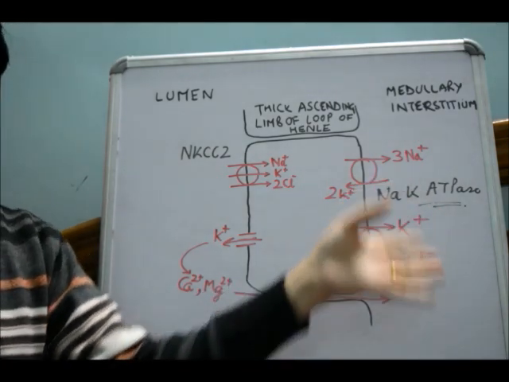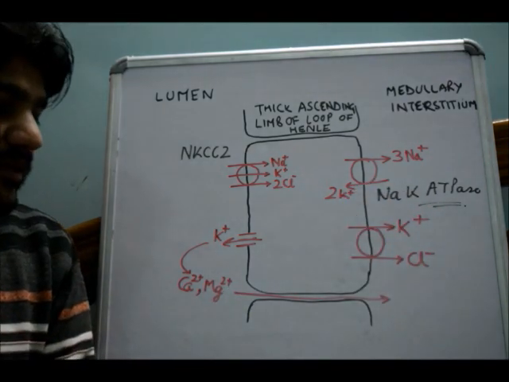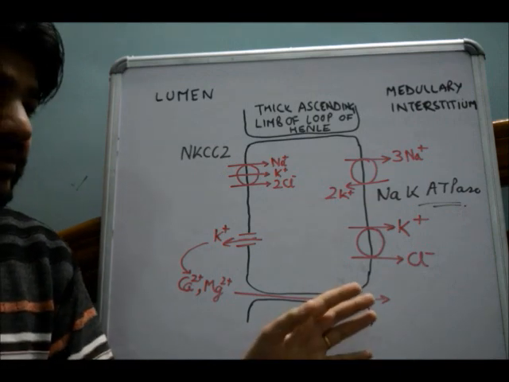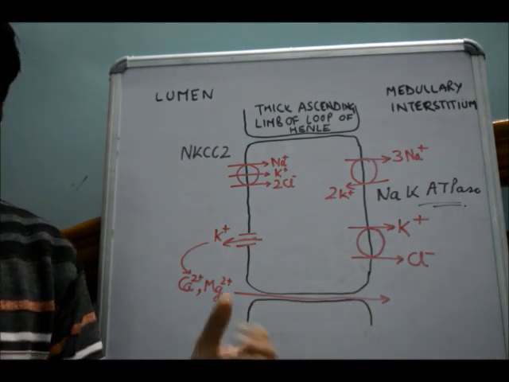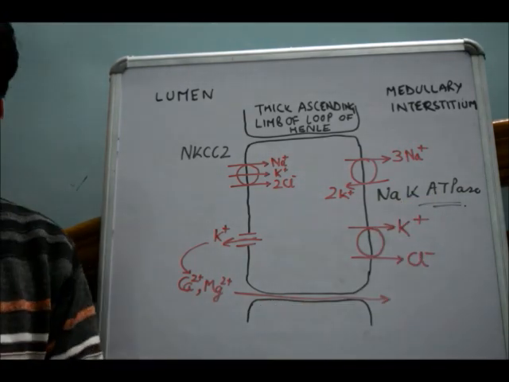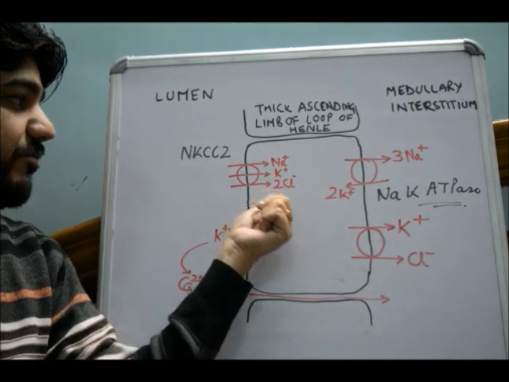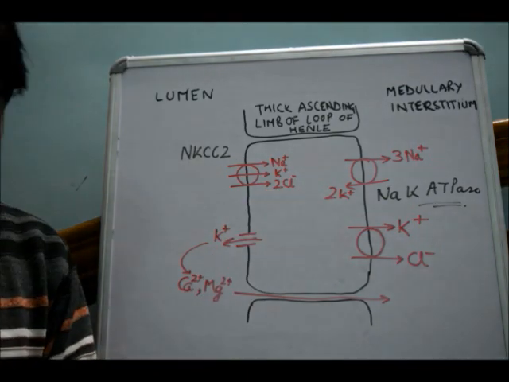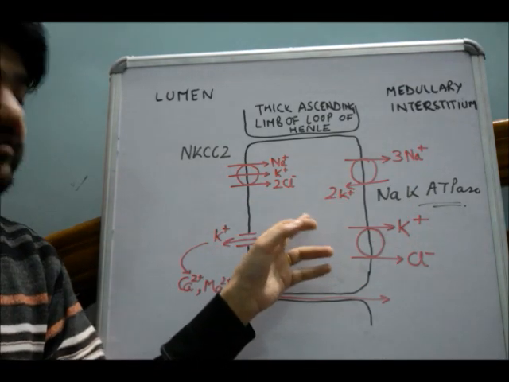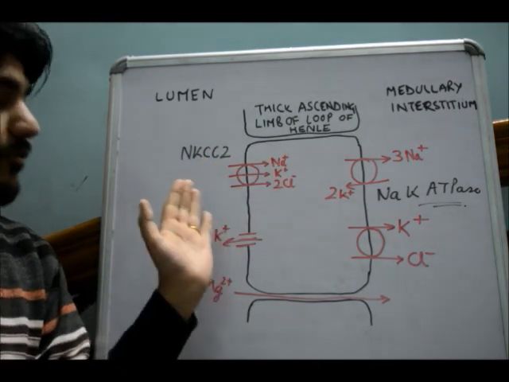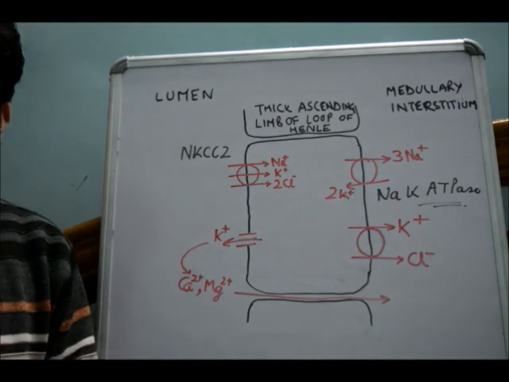This is a pump you need to know about, not only in reference to renal cells, but everywhere it is active. It is responsible for the movement of this symport, because it decreases the sodium inside the cell. So sodium goes in and also takes along potassium and two chlorides.